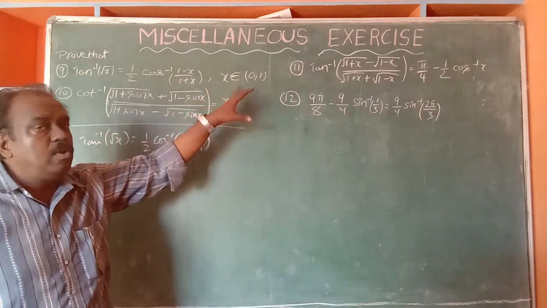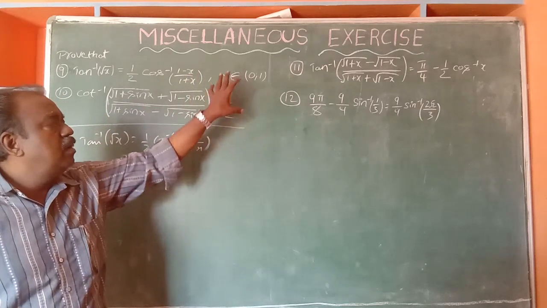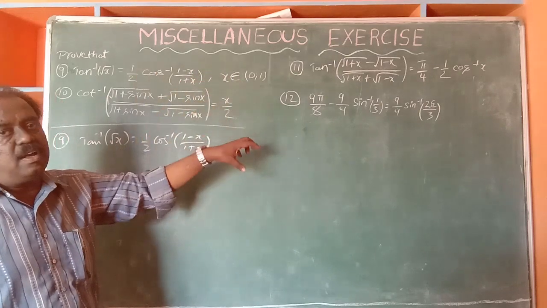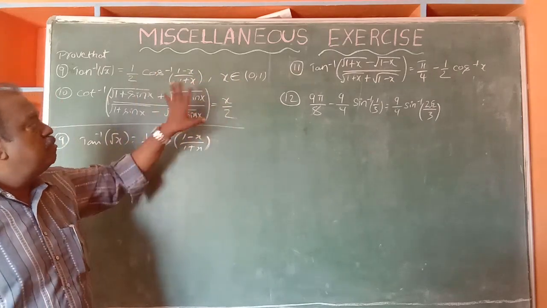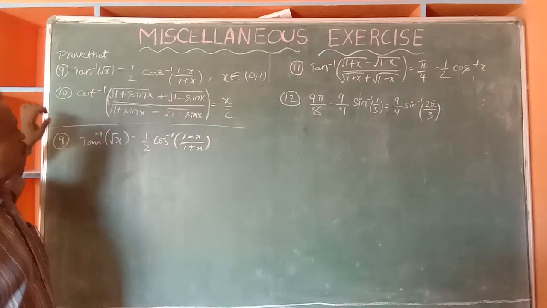The conditions you leave out. Here also some condition is there, but it is not needed in these problems. If we are specifically asked, we have to prove it. In the properties only we have to prove. So here we prove this one.